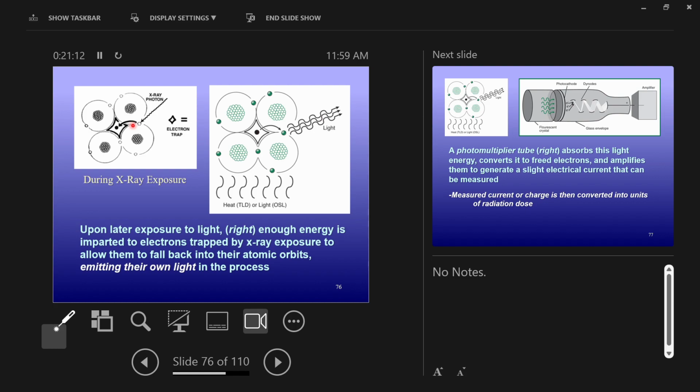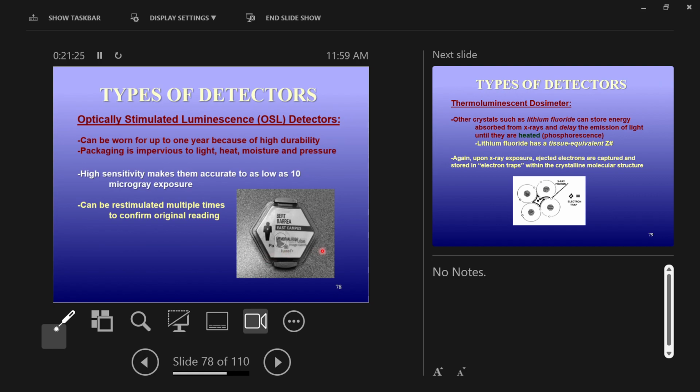Anyway, though, TLD badges, which are this type, and OSL badges, which I'll show you in a second, use the same principles. They're just sensitive to different wavelengths of light. So let me show you what OSL badges look like. If your badge looks like a hexagon, it is going to almost always be an OSL badge, okay? So they're shaped so we can sort of visually identify them as such.